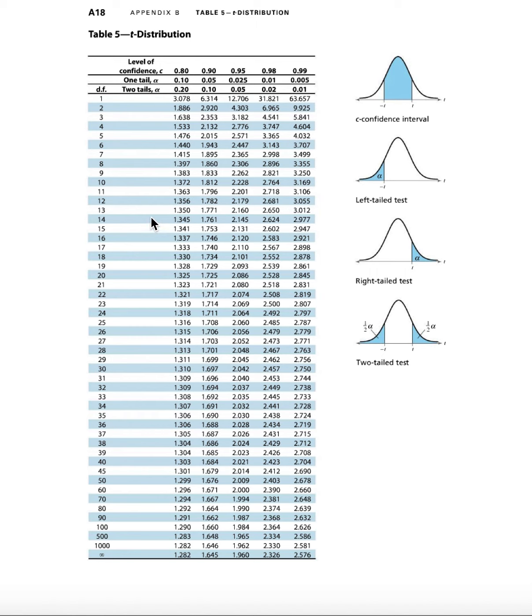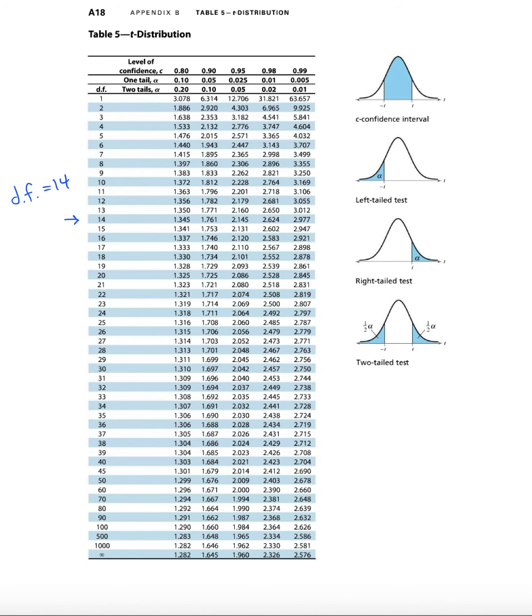You have to look up your degrees of freedom on the first column. Our degrees of freedom for our problem was 14. And then we have to select from one of these choices. Now, which one you use depends on the situation. Here, we're looking for a confidence level. So we want to use this type.